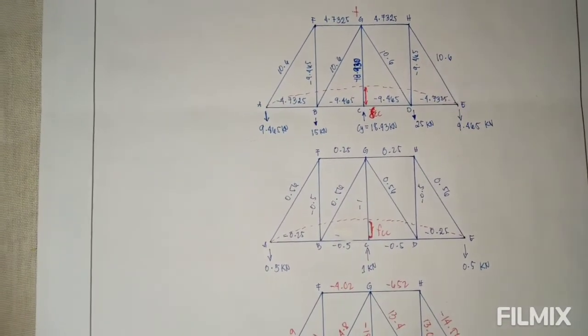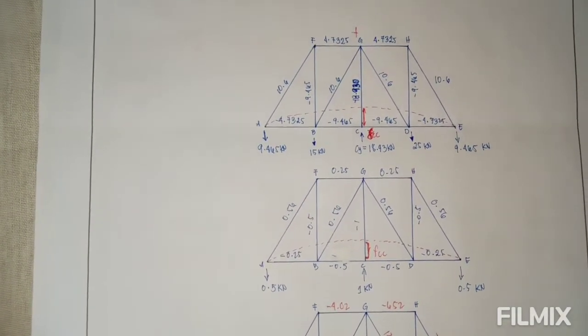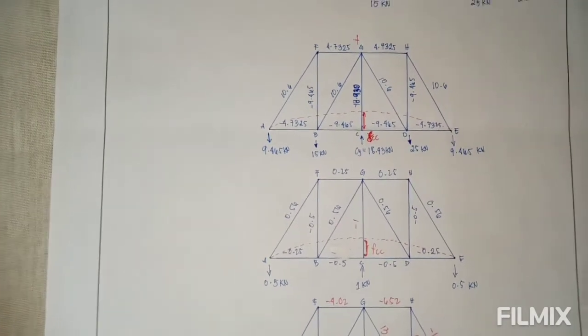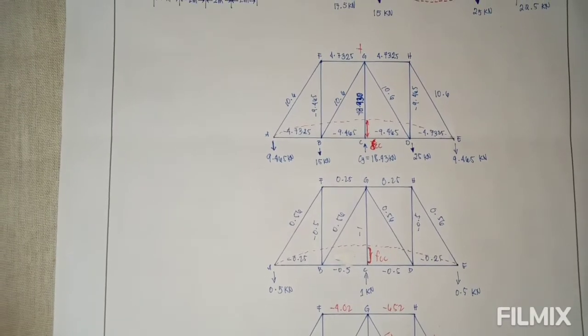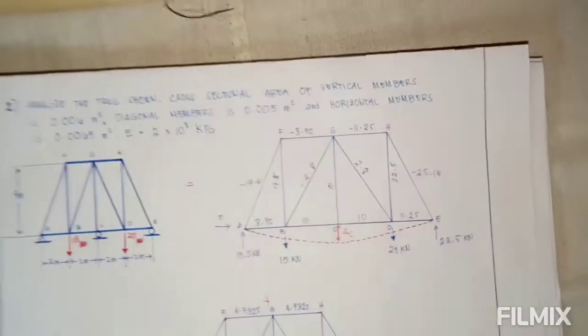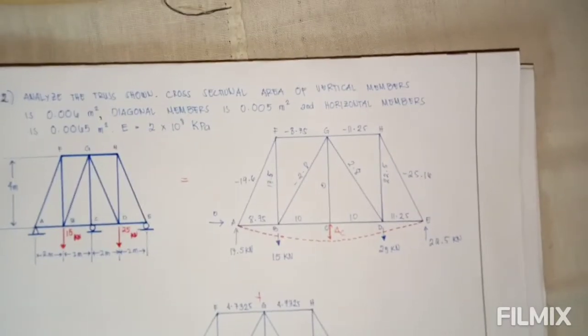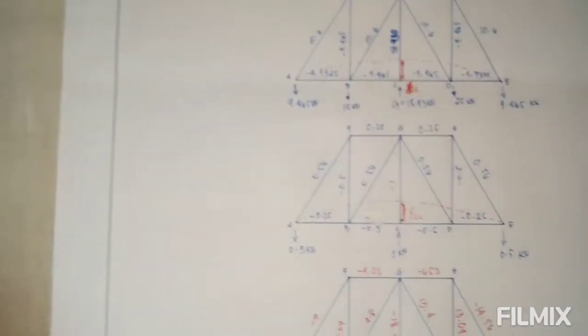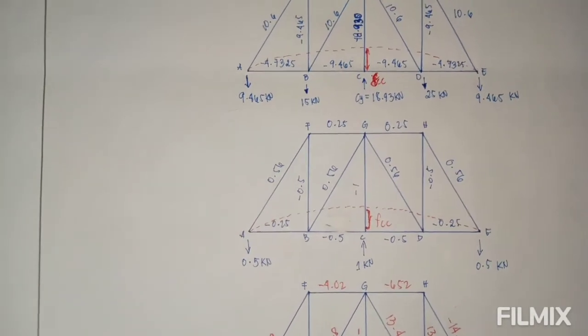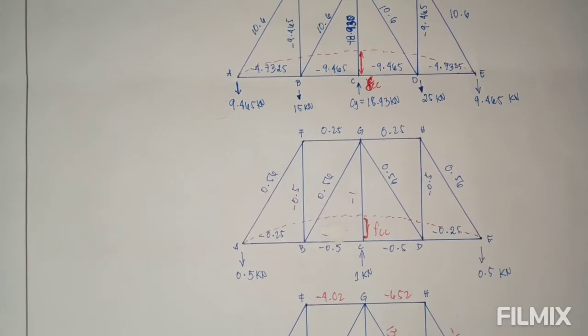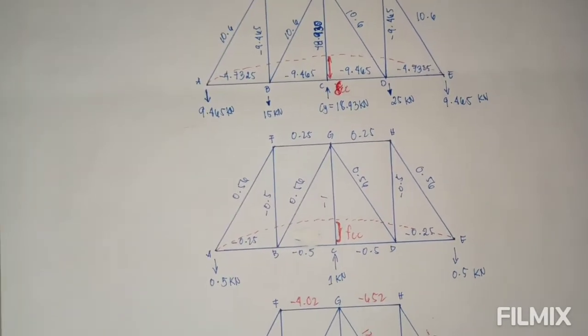The process is the same as with the real loadings, but the difference is that in the free body diagram of the real loadings the value of Cy is still unknown, whereas in this free body diagram, Cy is being applied by a 1 unit load.